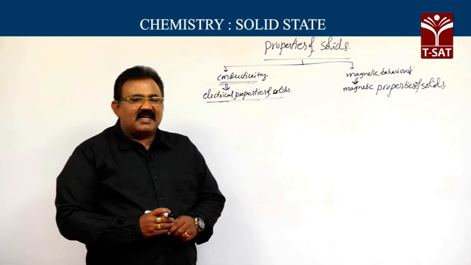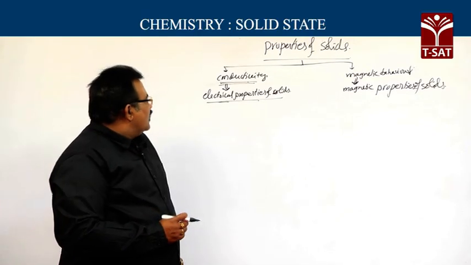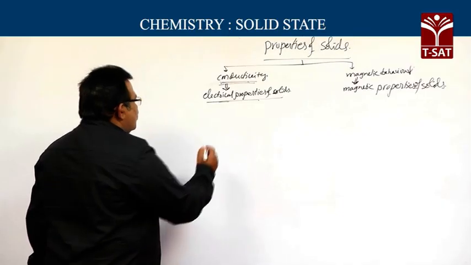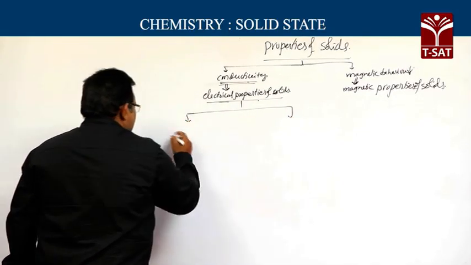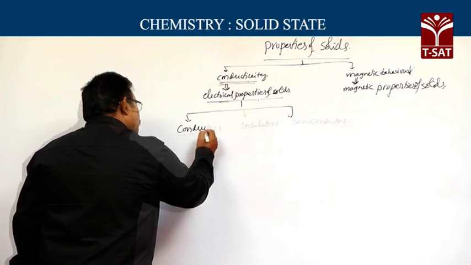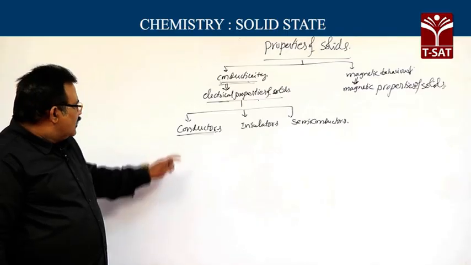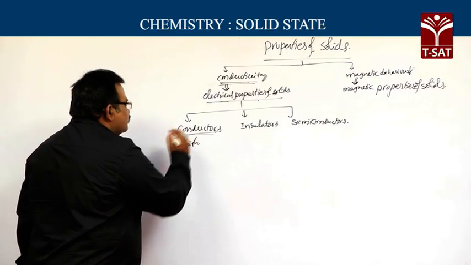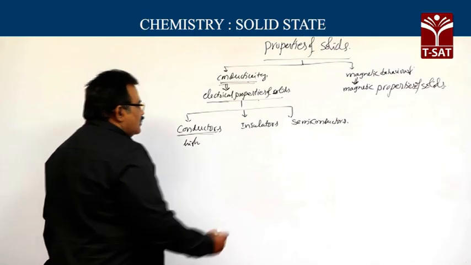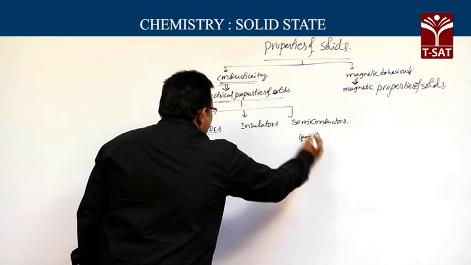So, based on the conductance of electricity, the solid substances are divided into conductors, which have high conducting capacity, insulators, which are non-conductors, and semiconductors, which have poor conducting capacity.